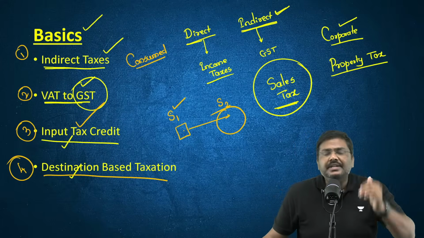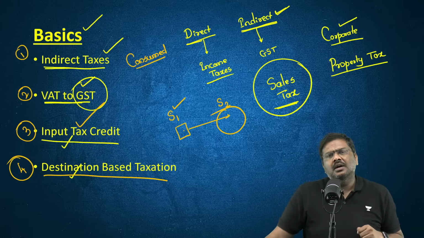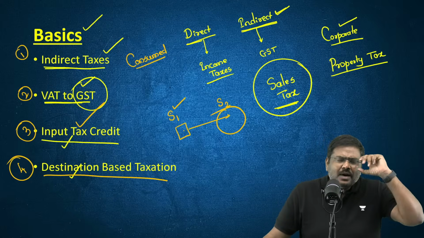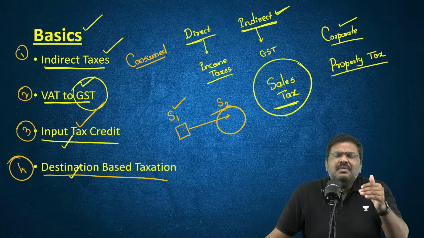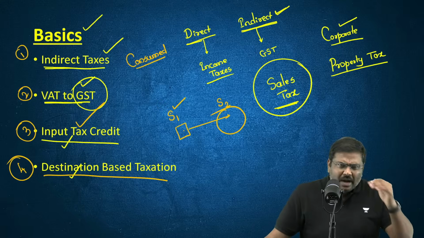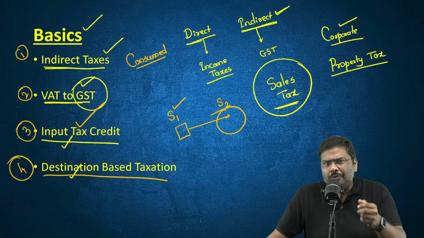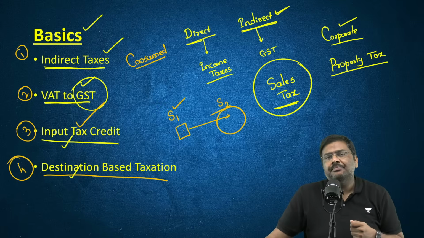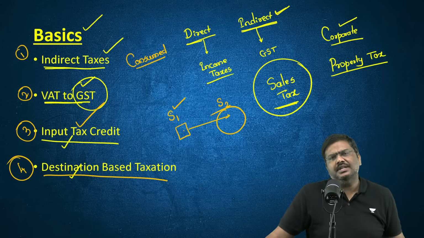Destination based taxation. In fact, when this model was announced by the union government, multiple states were opposed to it. For example, the former chief minister of Tamil Nadu, Jayalalitha, said no, we will not accept the GST model.